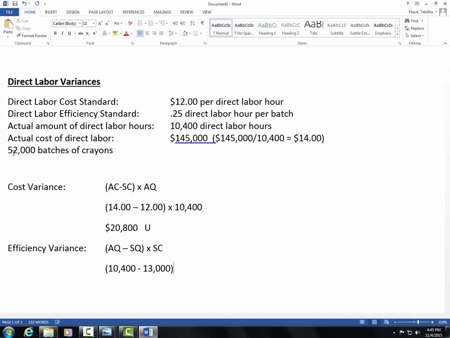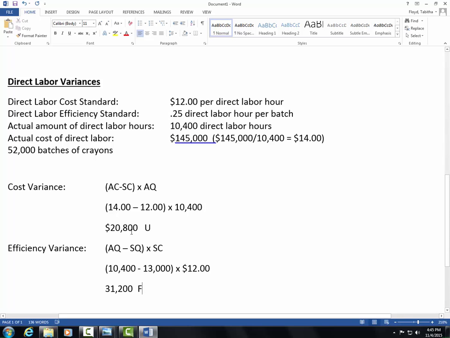It should have taken us 13,000 hours, but it only took us 10,400. Ooh, that's good. Okay, standard cost, $12. That's our standard cost. Our efficiency variance is 31,200. Is it favorable or unfavorable? Well, it's favorable because we used a lot less hours. We actually used a lot less hours than what our standard was. So that's favorable.